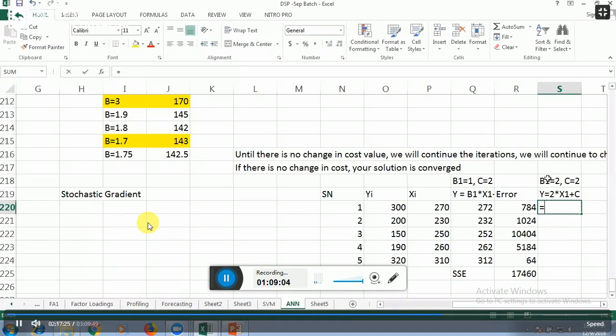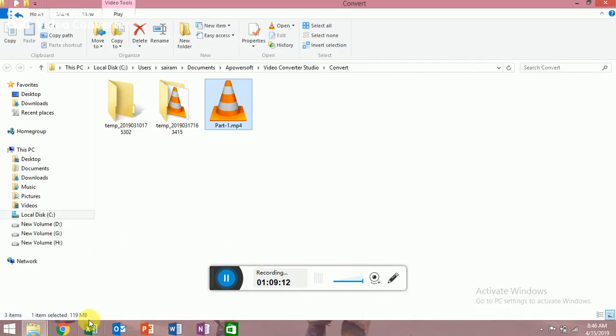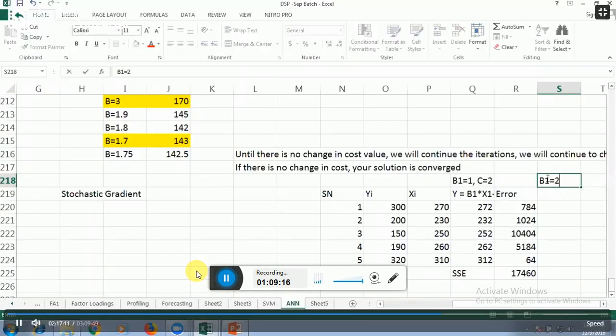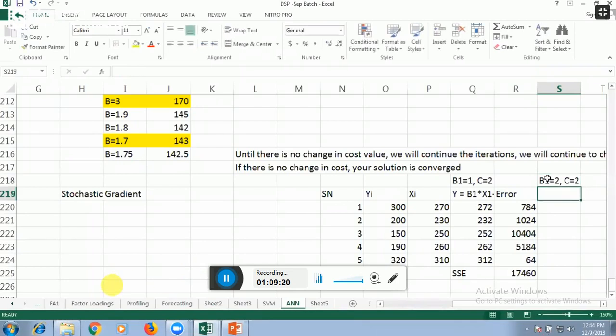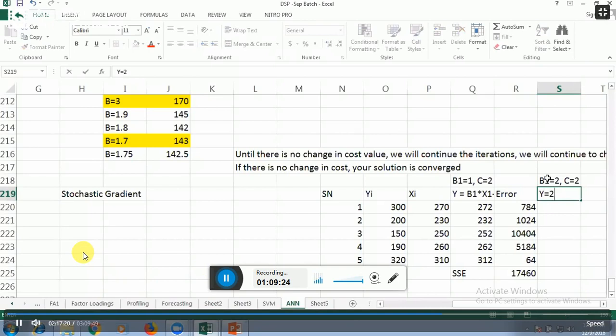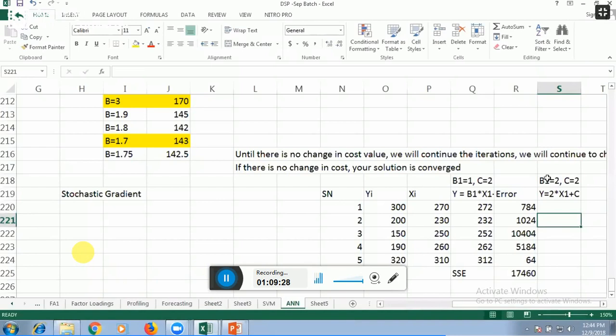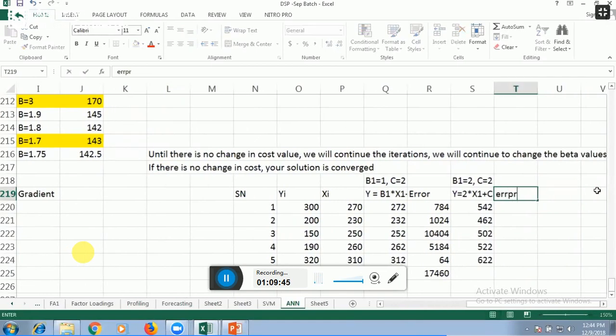So that is 2 times this one plus 2, right? Now what is my error?